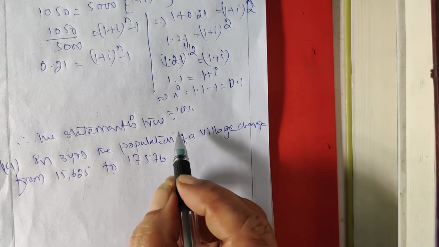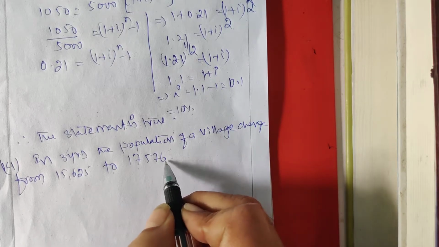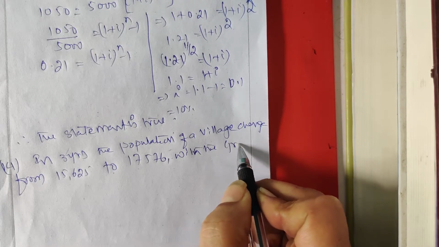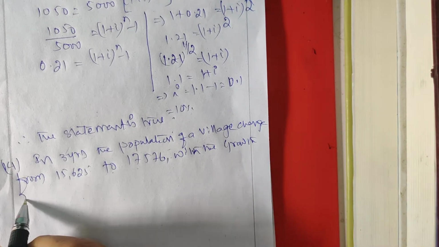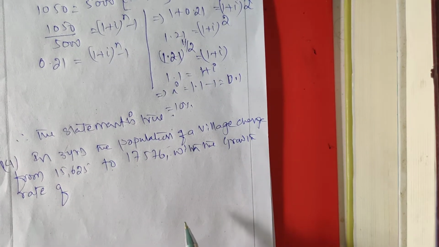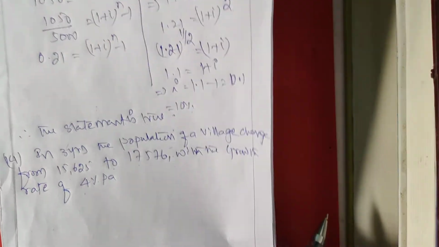If the rate of growth is 4% per annum, this I have to calculate.